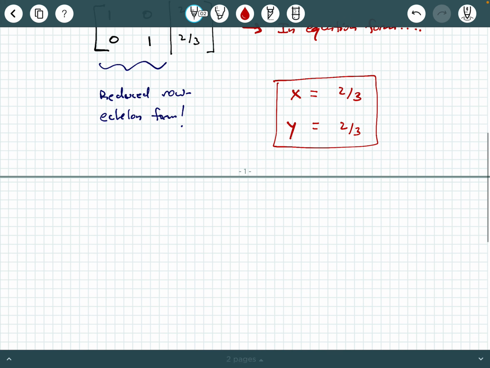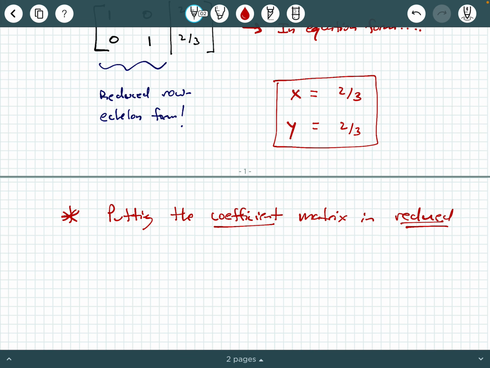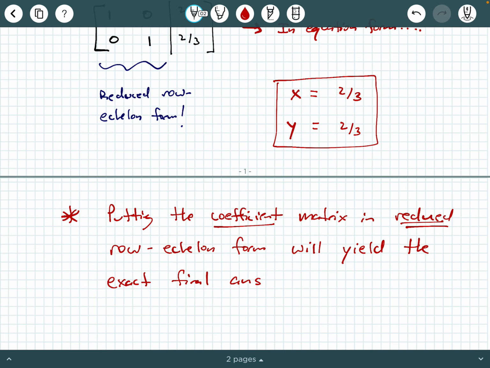So that's it. So here's the beauty of reduced row echelon form. Putting the coefficient matrix in reduced row echelon form will yield the exact final answer that we're looking for the system.